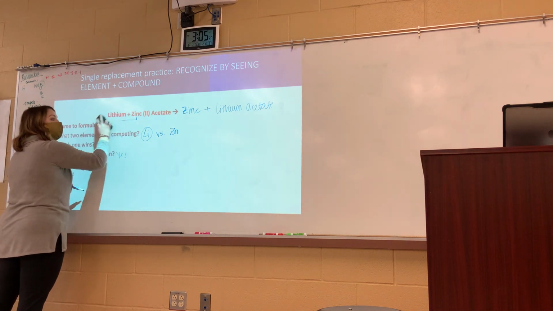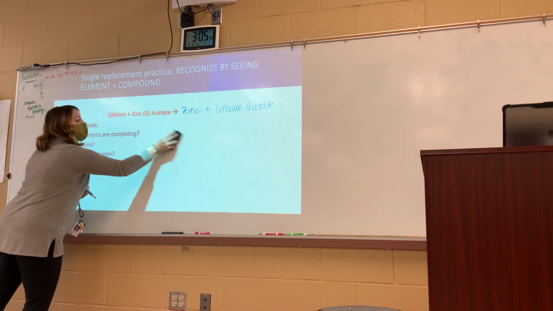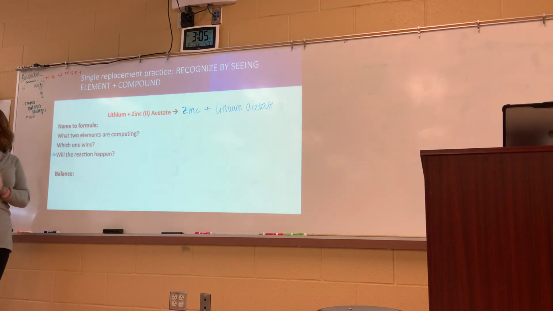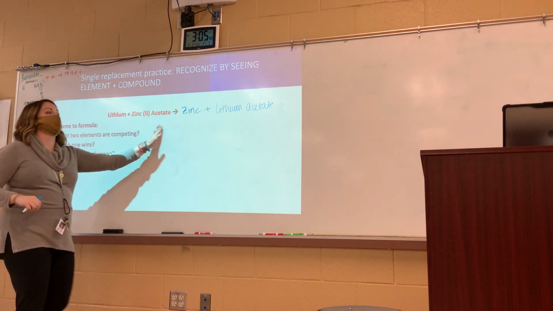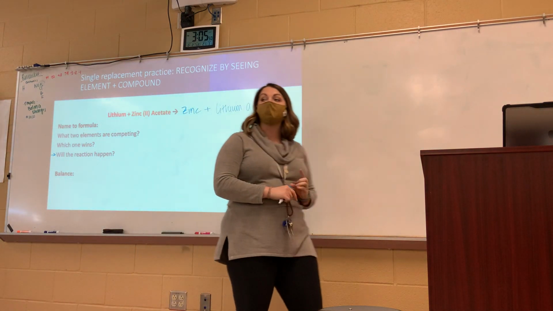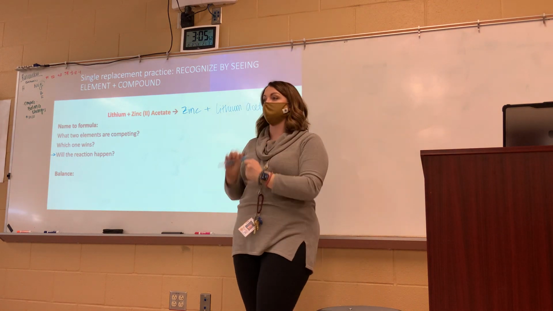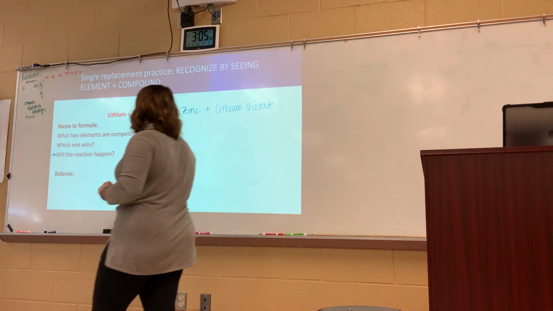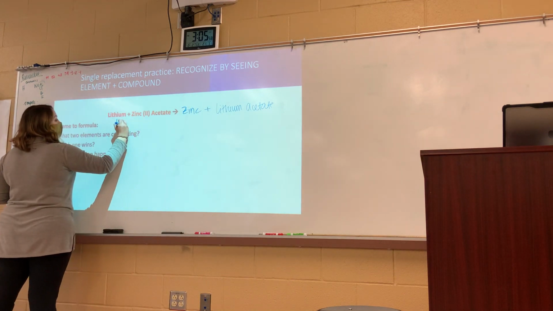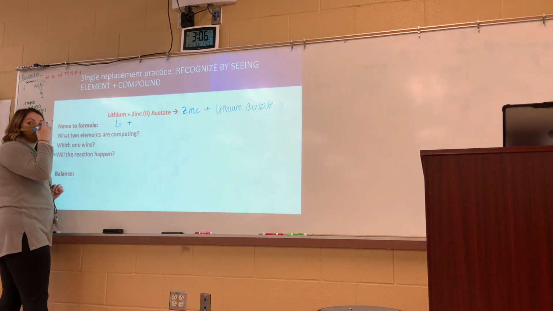What do you do with the charge that zinc comes with? It goes away. We'll talk about that with redox reactions later. We have now predicted the product. Now we're back to our predict, build, balance sequence. So we predicted, now we build it. Lithium is Li. What is zinc 2?